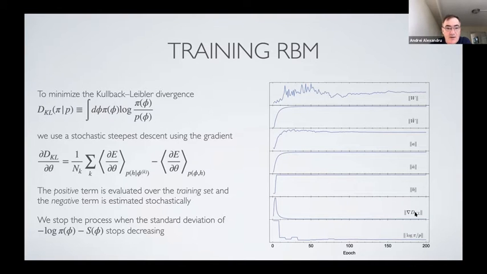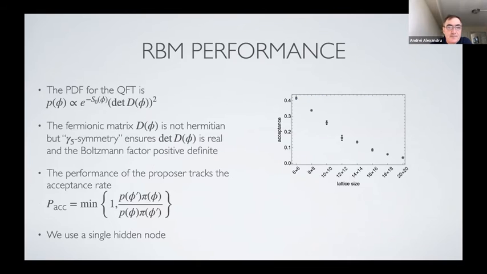So once you have this thing trained, you can then use the RBM to do sampling. The PDF for our quantum field theory has this auxiliary field part, the bosonic part, and then it has this fermionic part, which is the determinant.